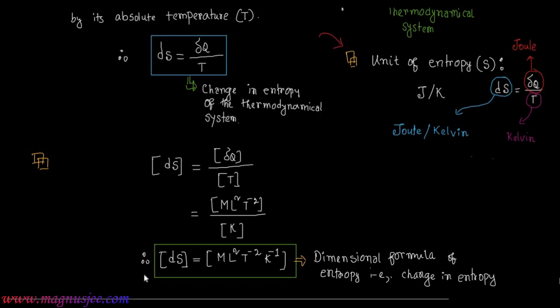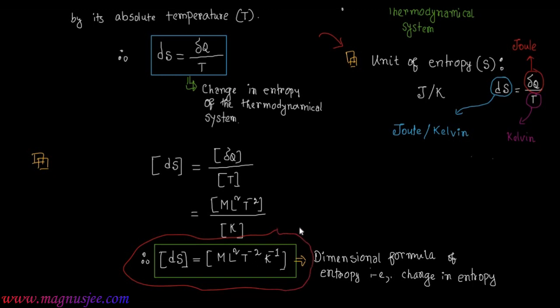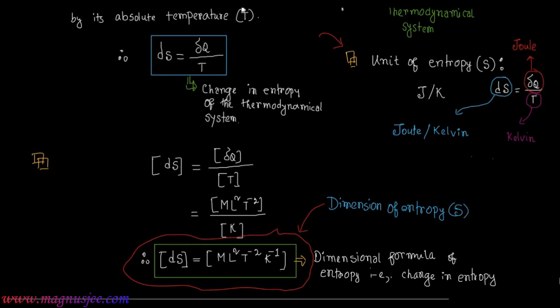So the dimension of change in entropy or dimension of entropy is ML^2T^-2K^-1, which is the dimension of entropy S. Hence the dimension of entropy is ML^2T^-2 Kelvin to the power minus 1.